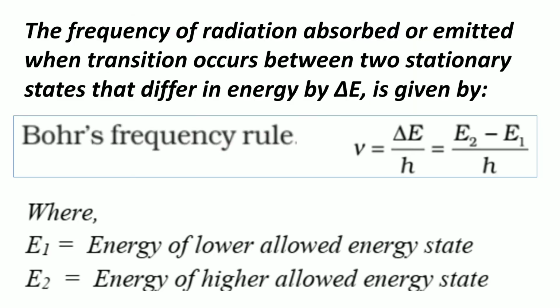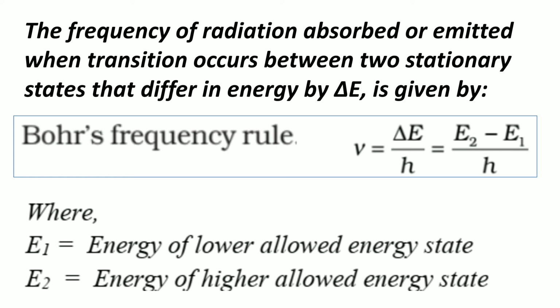The frequency of radiation absorbed or emitted when transition occurs between two stationary states that differ in energy by delta E. So delta E is the energy difference or the energy gap between the two shells, E1 and E2. E1 is the lower energy shell and E2 is the higher energy shell.